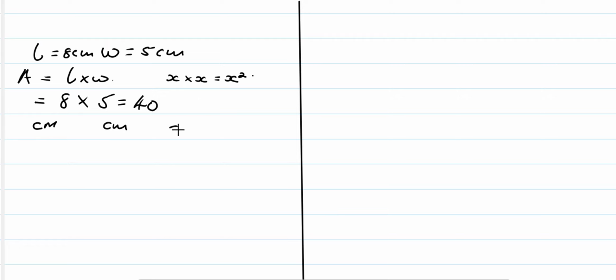So now it becomes centimeters multiplied by centimeters, which, if we follow the logic of x multiplied by x being x squared, now becomes centimeters squared. So here it will be 40 centimeters squared, like that.